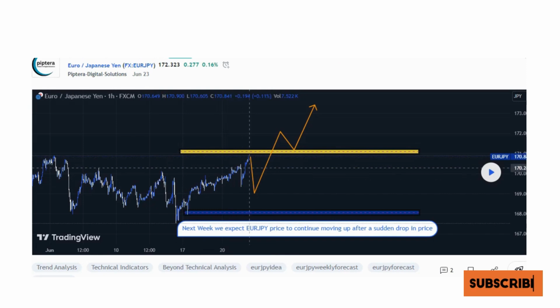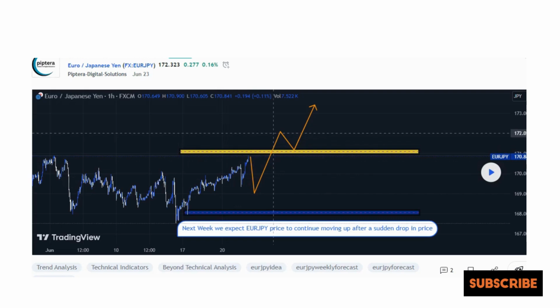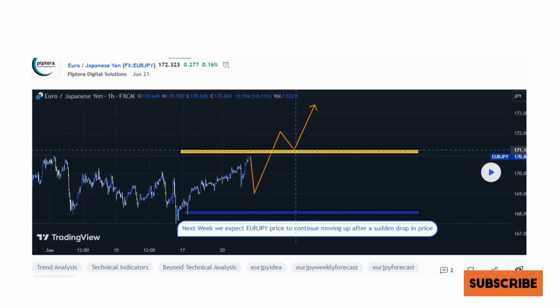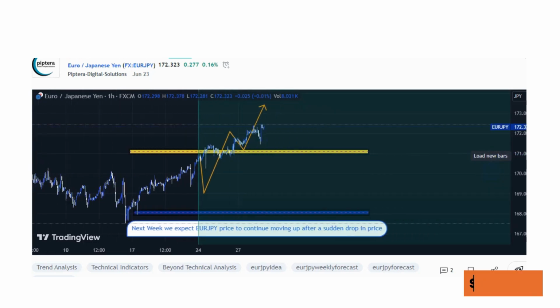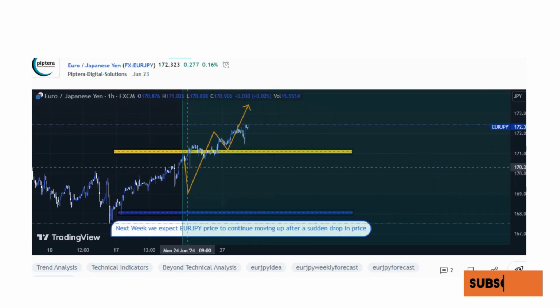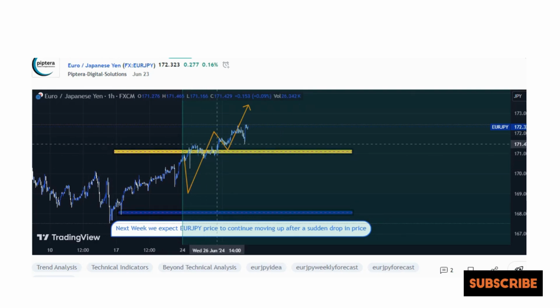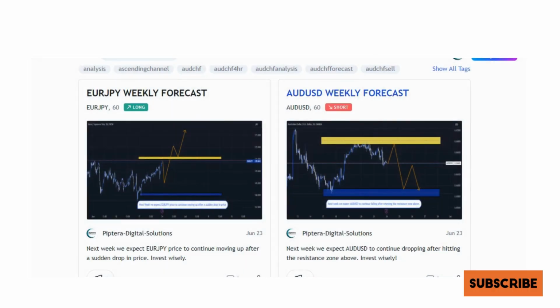Our expectation was to see the price coming back here, hitting the resistance zone, and then continuing to go up, get support on the zone, and then move up again. So let's see what happened. We can see the price went up, broke the resistance zone, then got supported on this resistance zone and continued to go up.